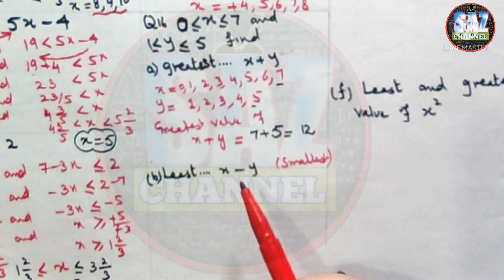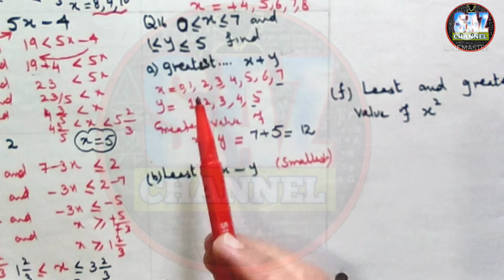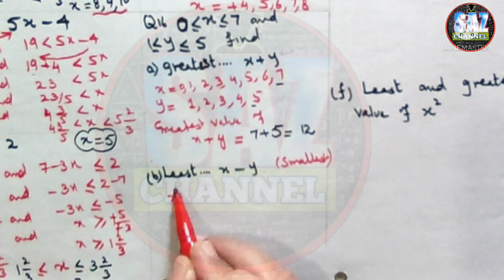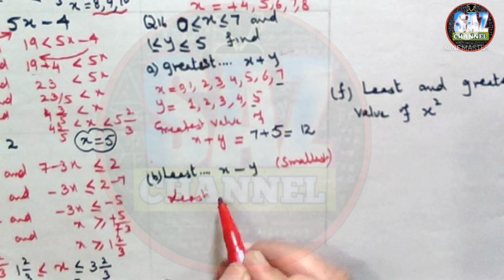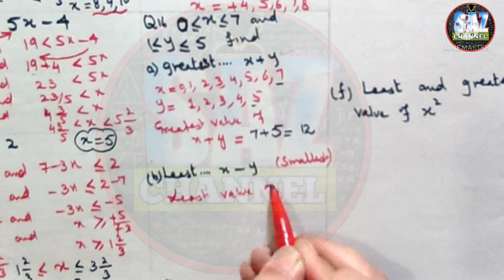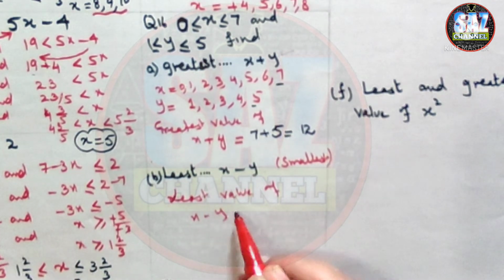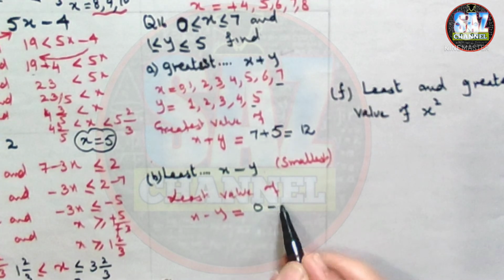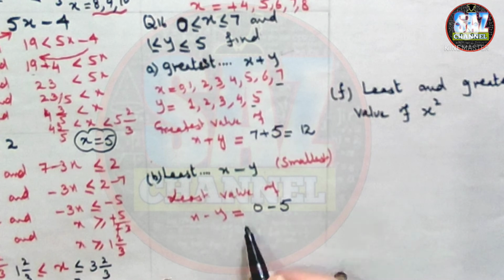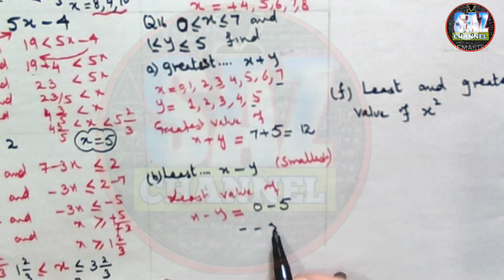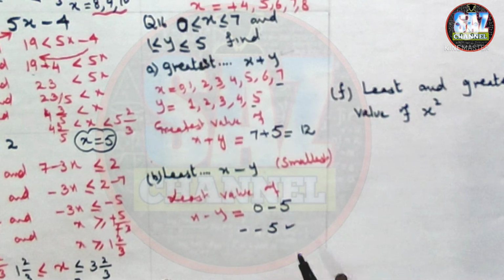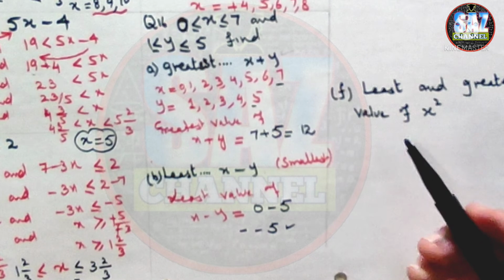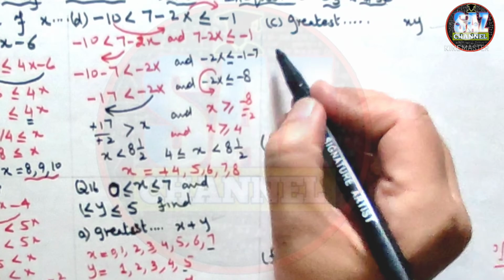So for the least value of x minus y, from the x values I have to pick up 0, and for y I have to pick up 5, and this will become minus 5, which is the least value.